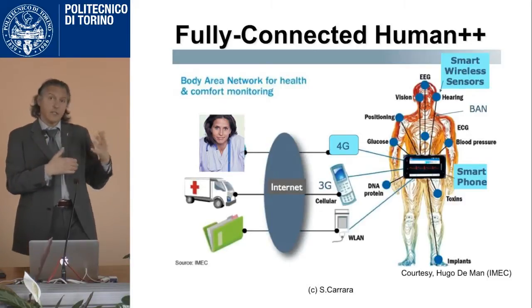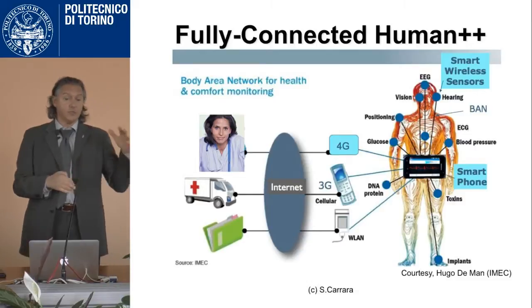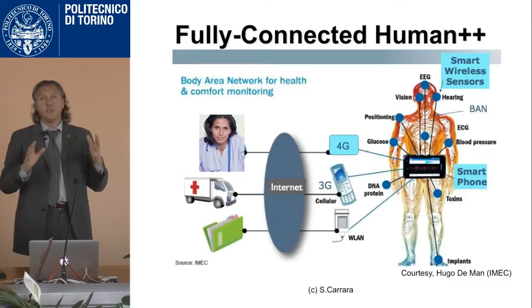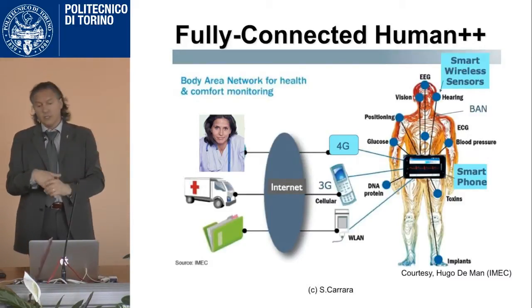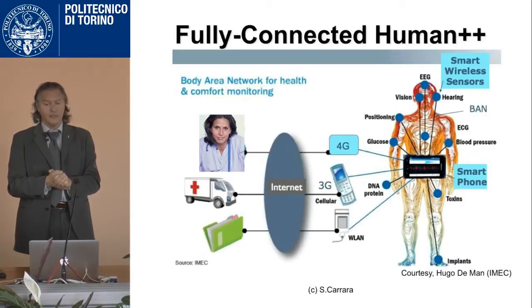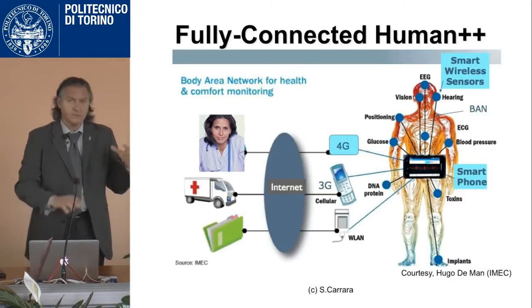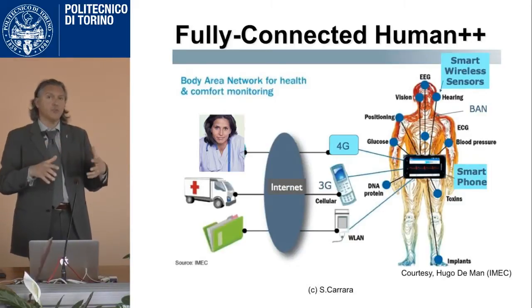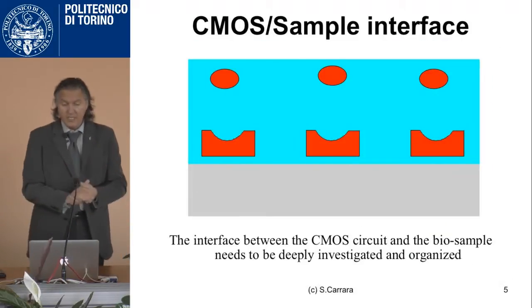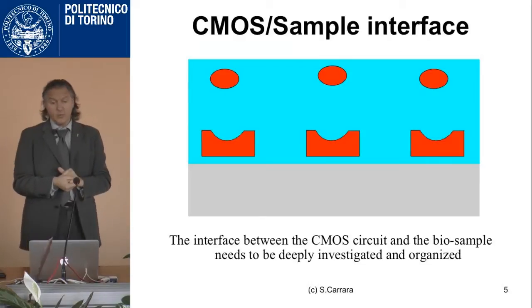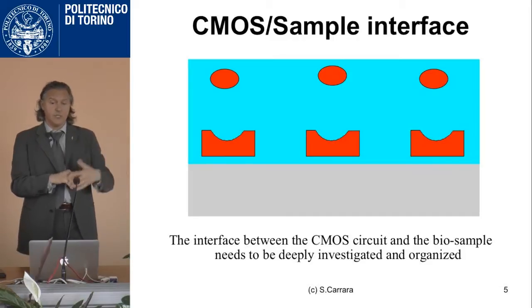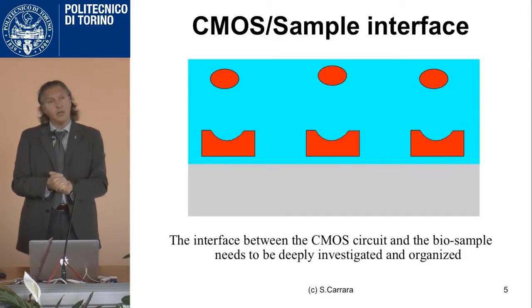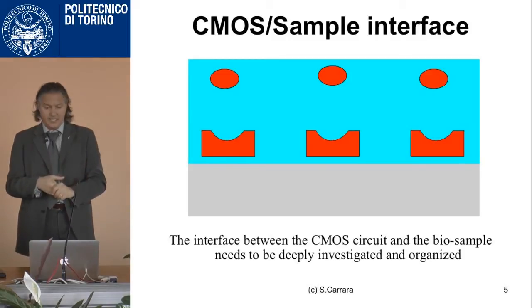And then, thanks to the connectivity of all these individual sensors to the internet, we can imagine having the patient continuously monitored remotely, at home or in his normal life. Of course, this vision relies on having all the sensors and biosensors we need in order to acquire data. And for doing that, we need to work on what we can call the interface between our electronics, our CMOS systems, and our body, to some extent, a biological sample.